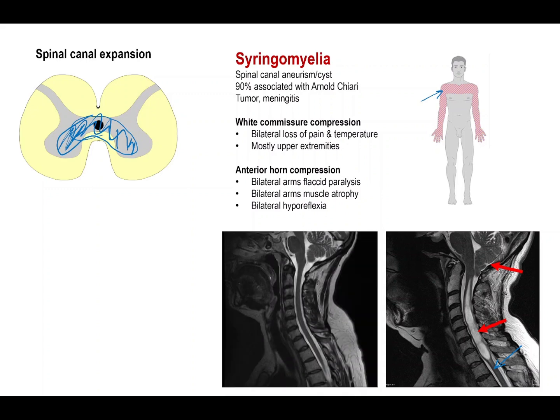Let's compare it to normal. Look at the normal spinal cord picture. The whole spinal cord is nice and dark in the middle. There's no central hyperdensity. And then the cerebellum is in the right place. The brainstem and cerebellum are not herniated down. Okay, they're way above the first vertebrae.